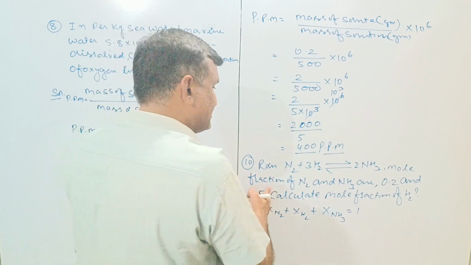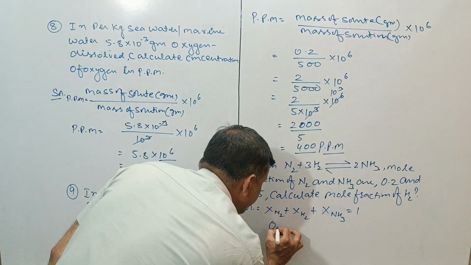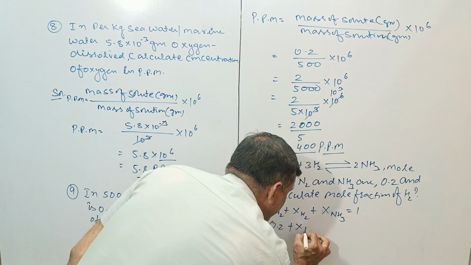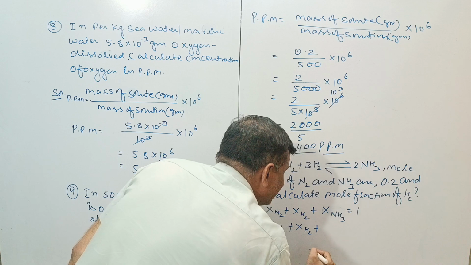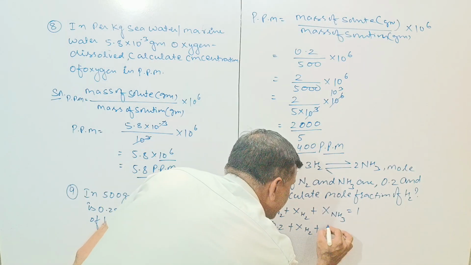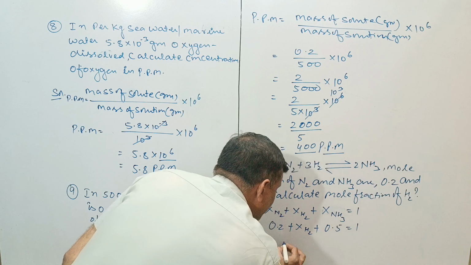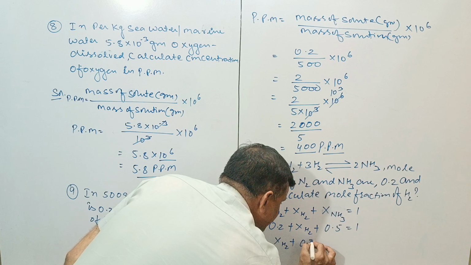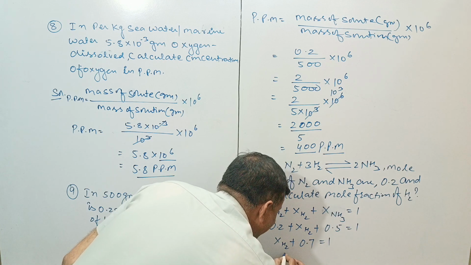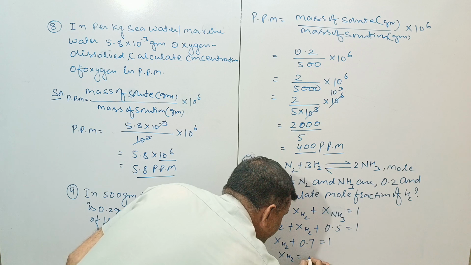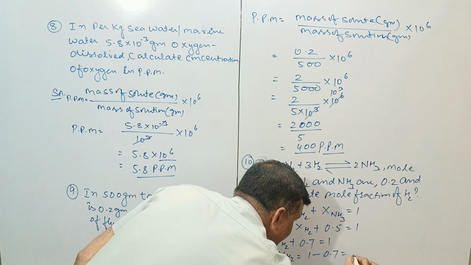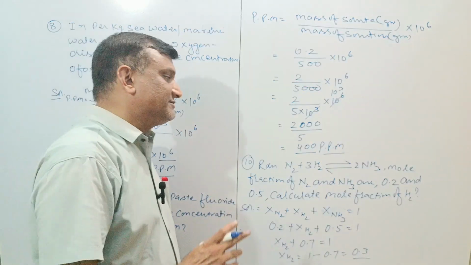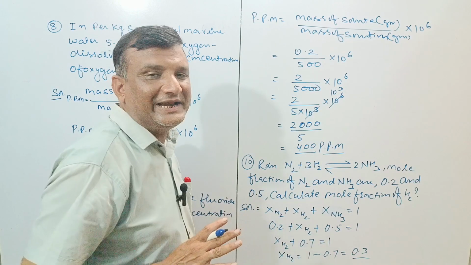Mole fraction of N2 is 0.2. For H2 you have to find out, so this is X of H2. Value of NH3 is 0.5. So X of H2 plus 0.7 equals 1. So X of H2 will be 1 minus 0.7, which is 0.3. This was about question number 10.